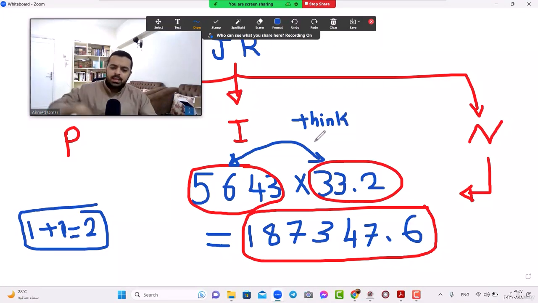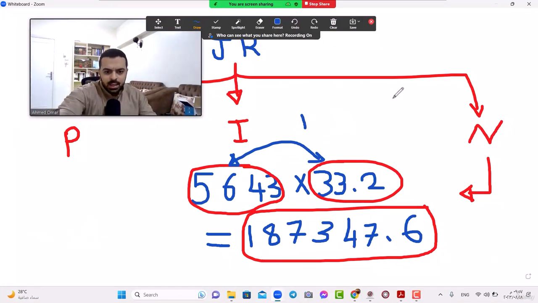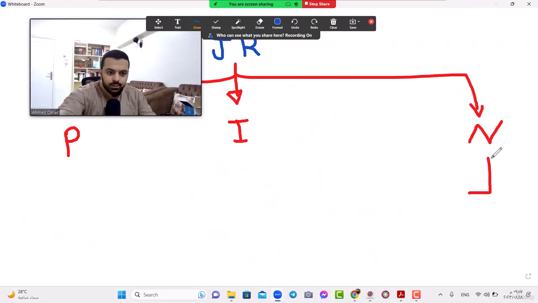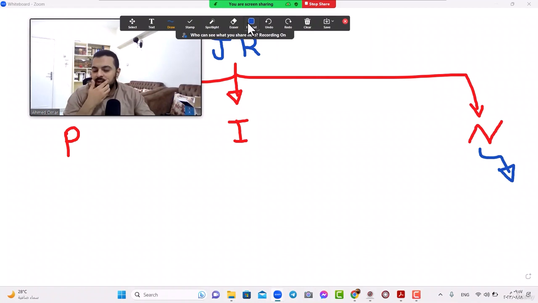So we say that the necessity is divided into two parts. Something that is badihi. What does badihi mean in English? Like easy to tell.